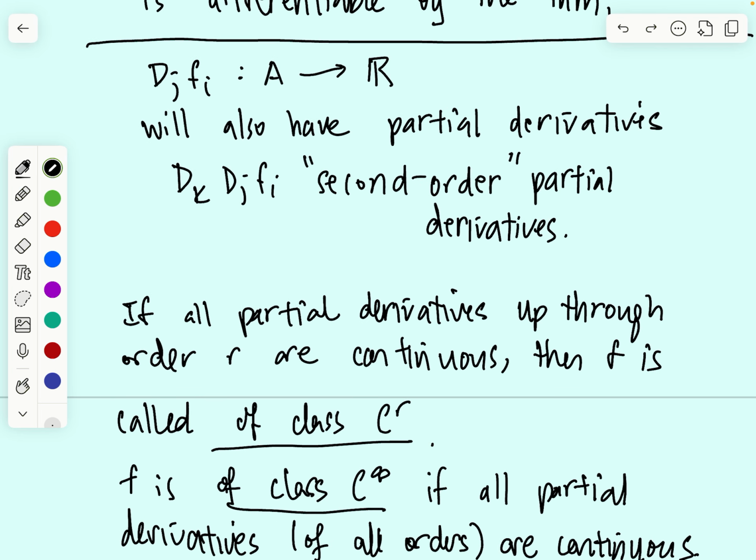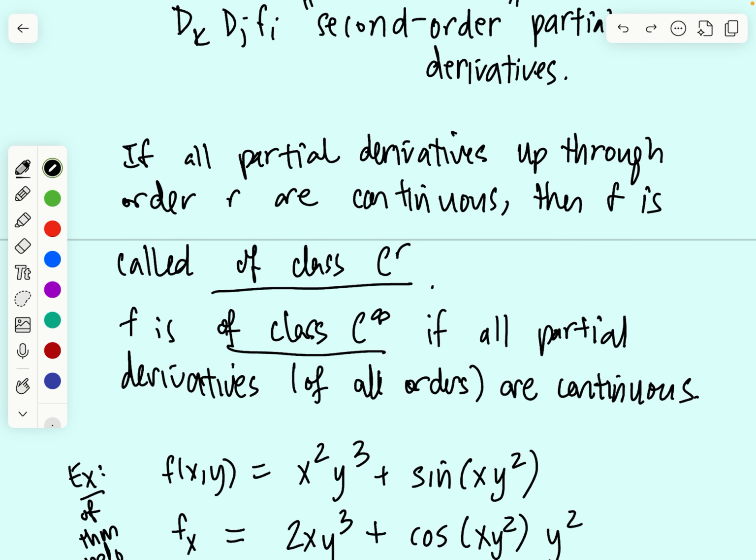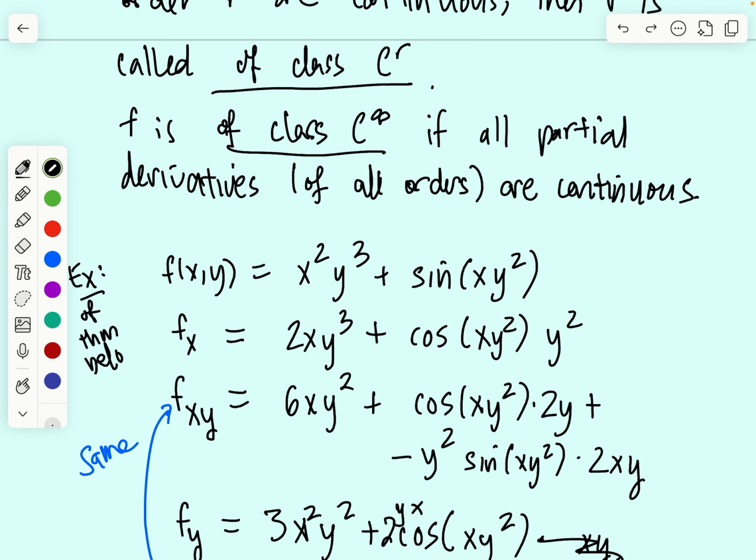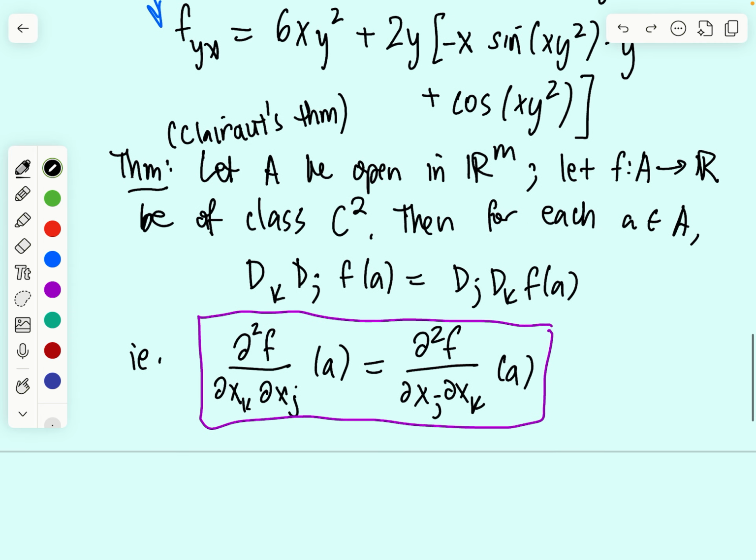More generally, you can look at nth order partial derivatives, and if all partial derivatives up through order r are continuous, then we say that f is class C^r. And then there's class C infinity, and we stated Clairaut's theorem, which says that if you have a function where the first and second order partial derivatives are all continuous, then it doesn't matter in which order you take the partial derivatives, you get the same thing.